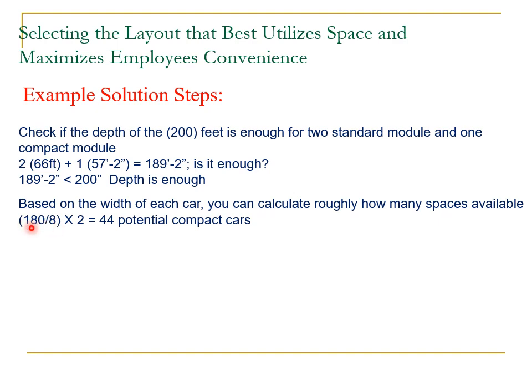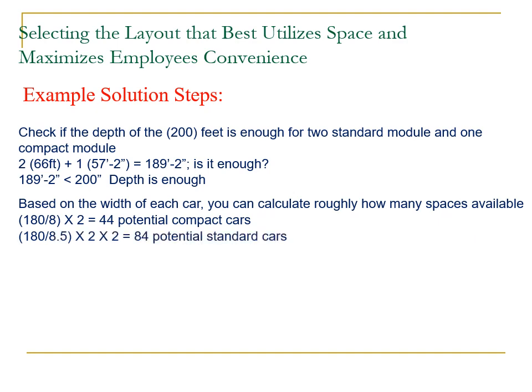So if you divide 180 by 8, then you can accommodate 22 cars on one side. But since we are considering double loaded modules, we will have cars on this side and on this side. So 22 cars here, 22 cars here, which makes 44 cars in one module. Okay? This is compact cars.